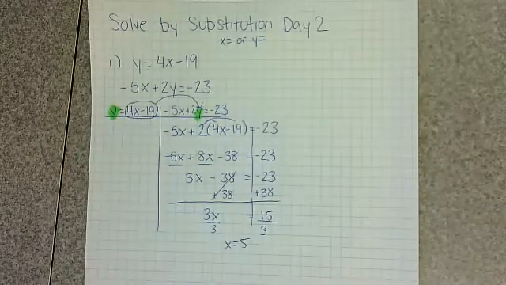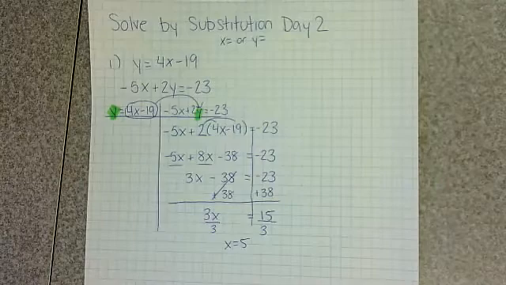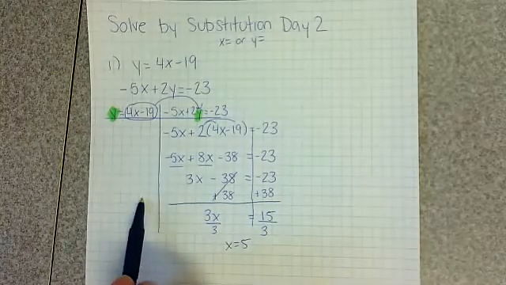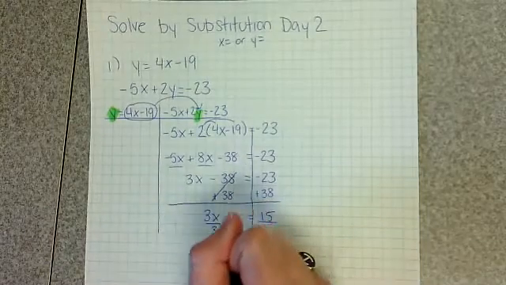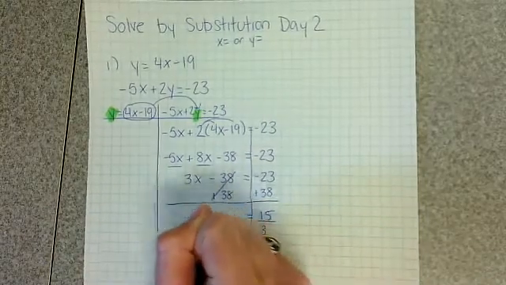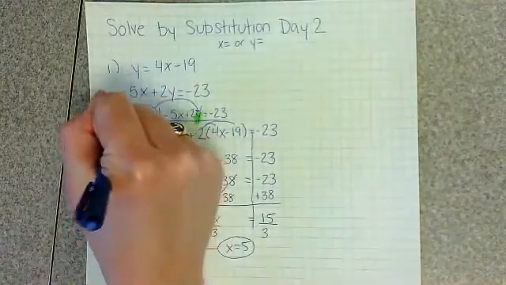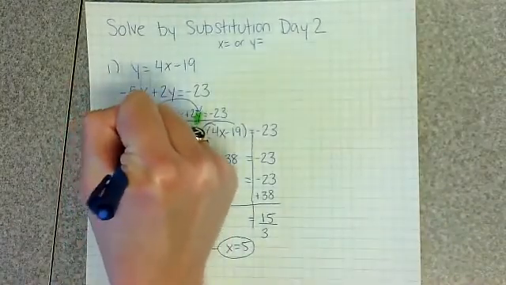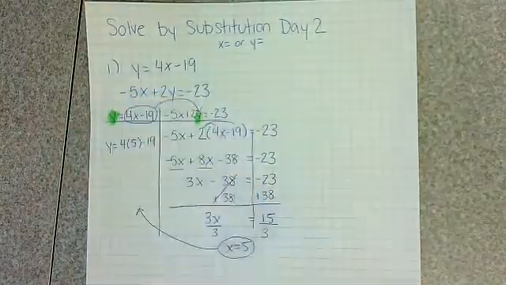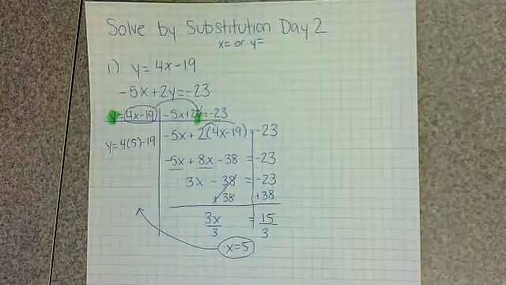But hey, we talked about systems. We're looking for that point of intersection. We're looking for that ordered pair. And we still have all this space over here. So I need to bring this over and figure out what y is. So y equals 4 times 5 minus 19. Okay, we're substituting in.